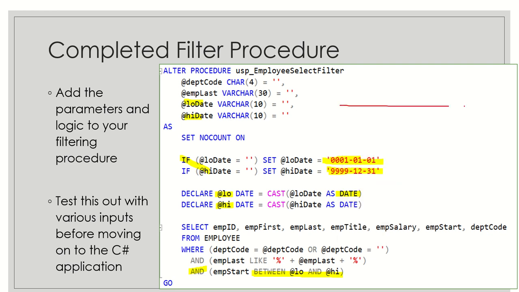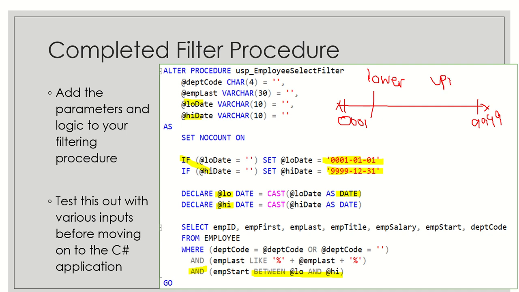So if we have like a timeline here where we have date 0001 and we have date 9999, you can't go any lower, can't go any higher. So this date 0001 is the lowest possible. So if the user enters something for the lower bound, then presumably it would be somewhere around here.